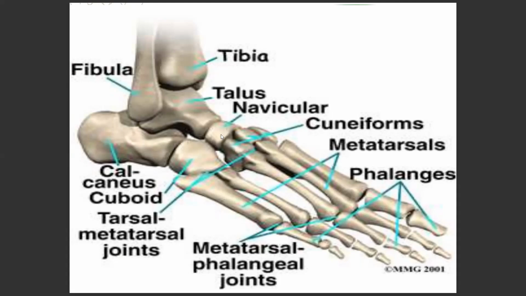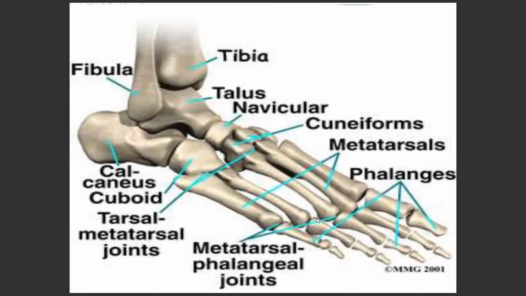There is a connection of the navicular and cuboid as well, while the navicular is also connected with the 3 cuneiform bones, which are the lateral, middle, and the medial one. So that is the middle segment, the midfoot, and then the 5 metatarsals and the phalanges make the anterior foot or the forefoot.